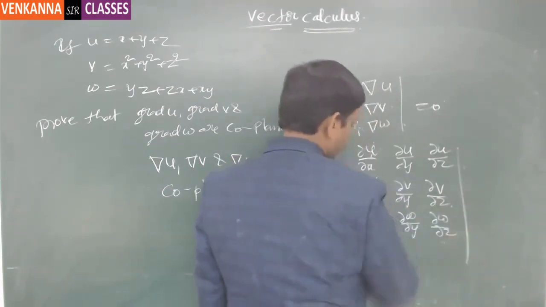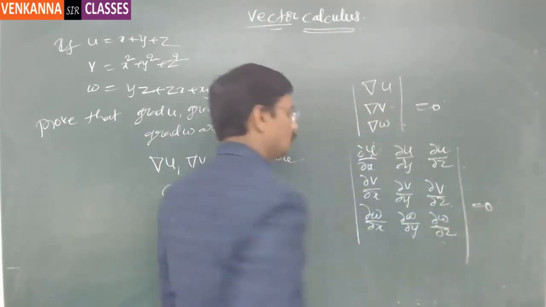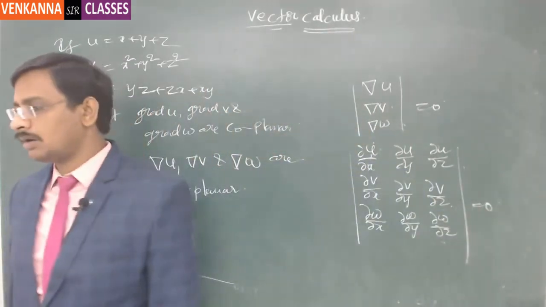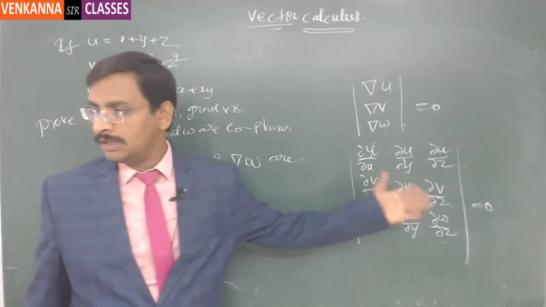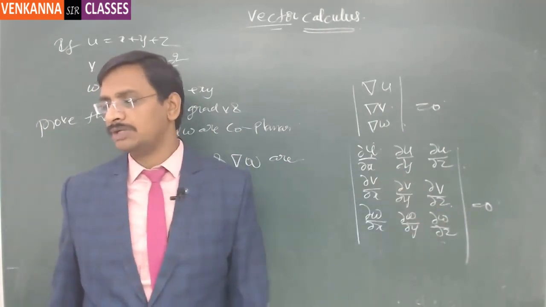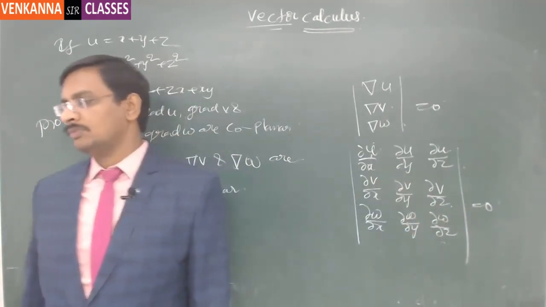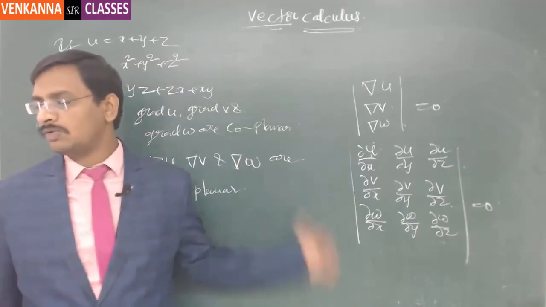So this determinant should come out to be 0 to find whether these are coplanar or not. So for a coplanar set, this is going to vanish. Understood? Got it? So this you can do on your own.